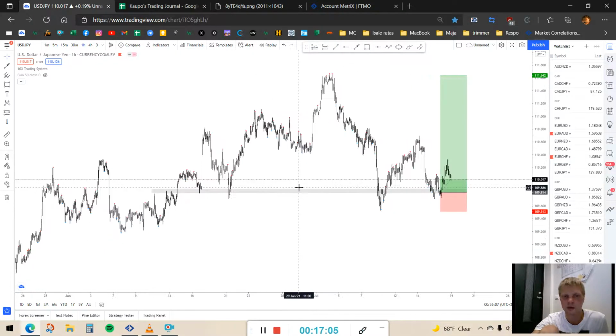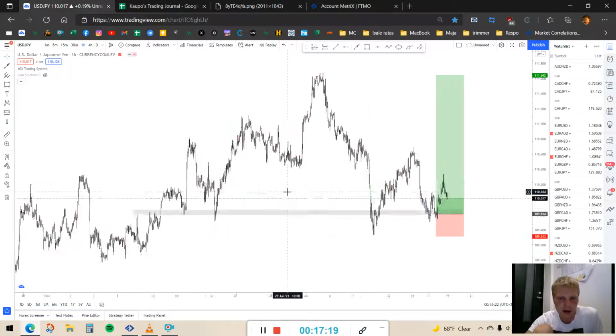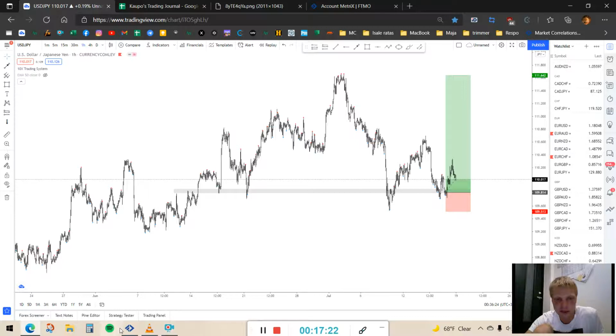I like a quote from Justin Miller where he says, just because something moves doesn't mean you have to trade it. So right now it looks like it's going great.